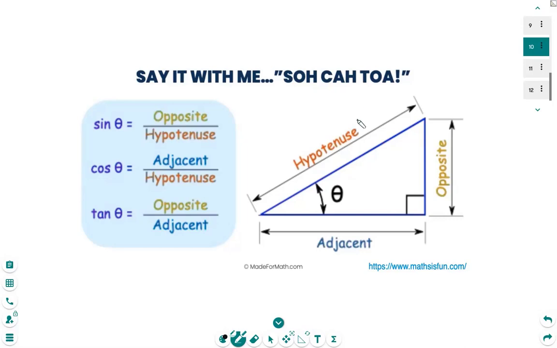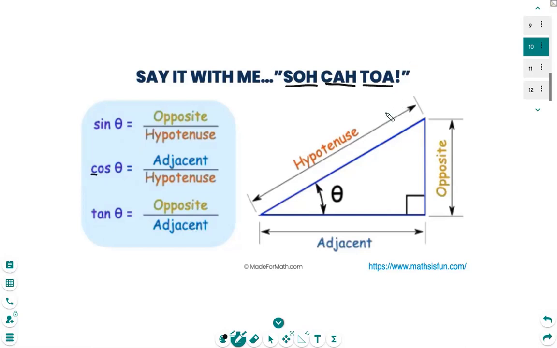And what SOH CAH TOA is referring to is the ratios for each of those thetas here. So for sine, we have SOH. Sine equals opposite over hypotenuse. For cosine, we have CAH, adjacent divided by hypotenuse. And then TOA is the tangent equals the opposite over the adjacent.